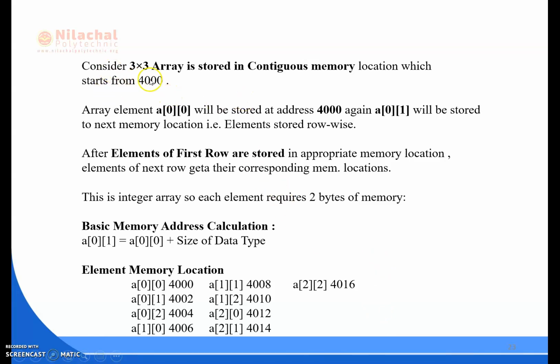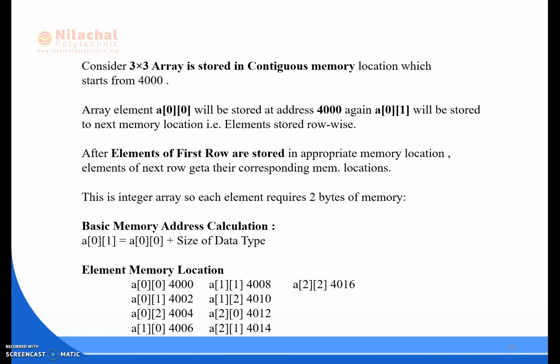Next, if we consider an array, it is stored in a contiguous memory location. We already know that each and every element of an array is stored in contiguous memory location. So we will see how it is stored. Before going to the memory location, we already know the elements are stored either row wise or column wise.